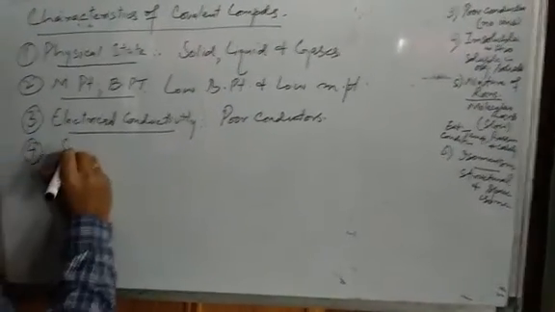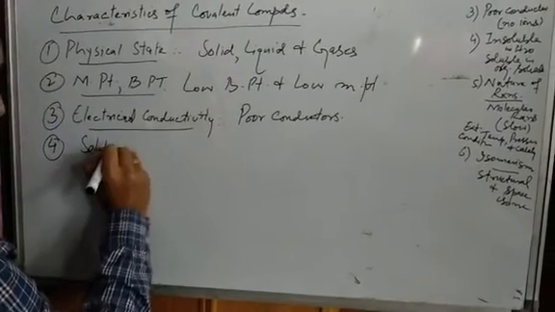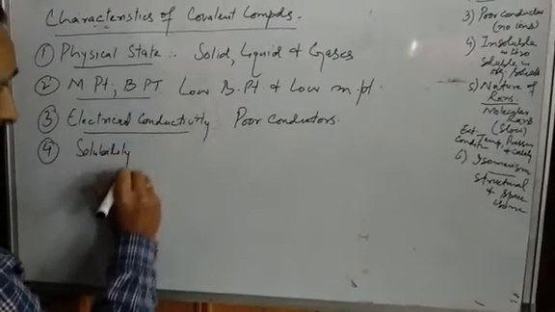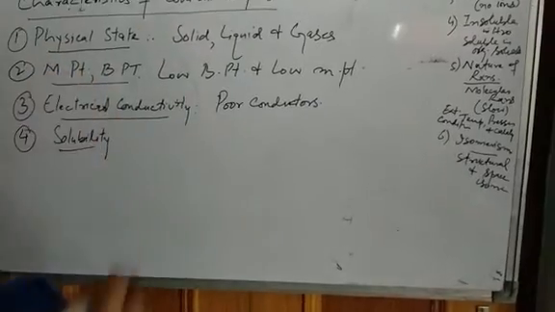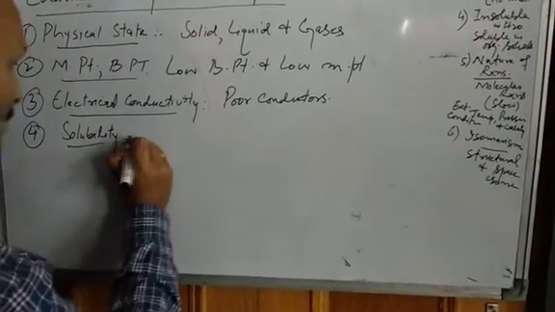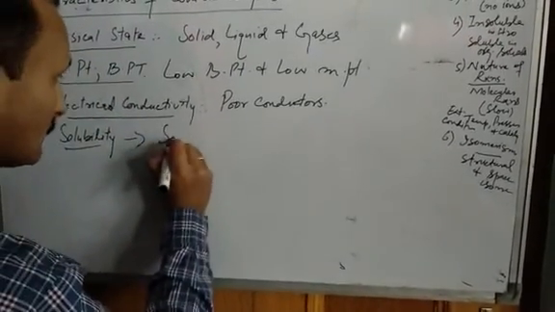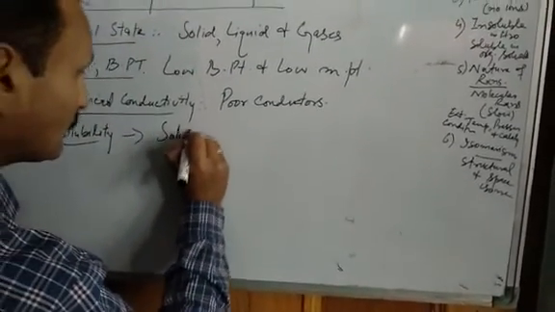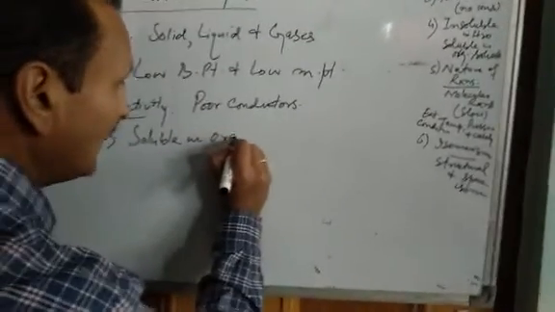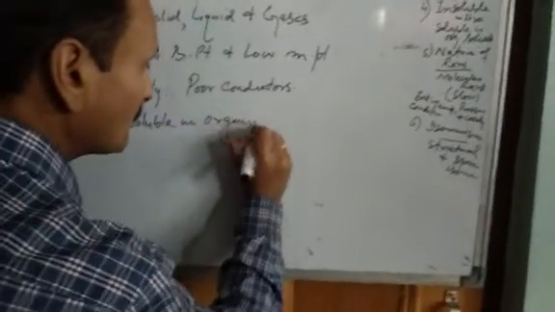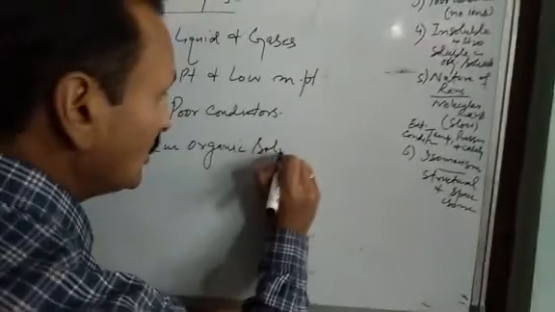Then coming to solubility, that is which solvents dissolve these compounds and which do not. These are soluble in organic solvents but not soluble in water, that is insoluble in water.